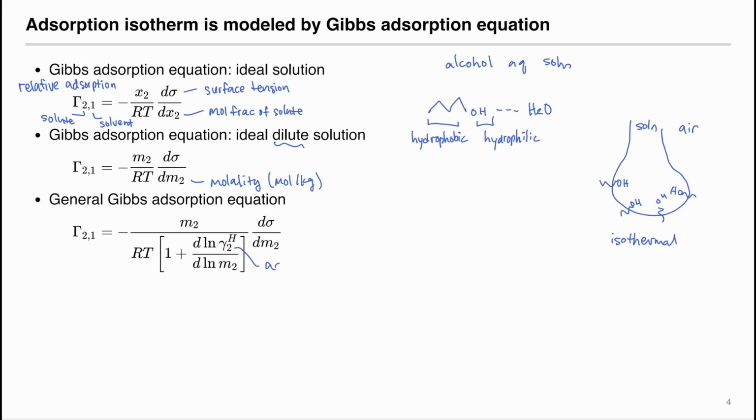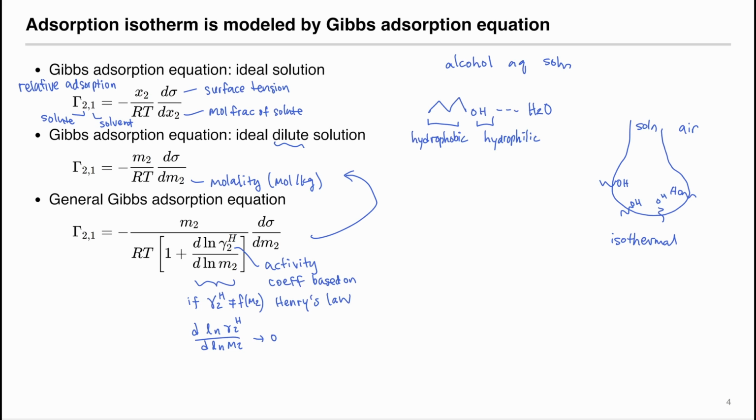Here, gamma is the activity coefficient based on Henry's law. And note that if the activity coefficient is not a function of the molality, then the entire derivative term will go to 0. And if it goes to 0, it just falls back to the ideal case.